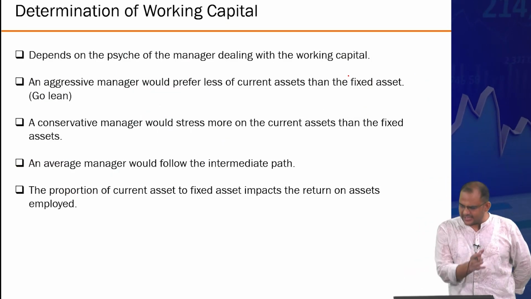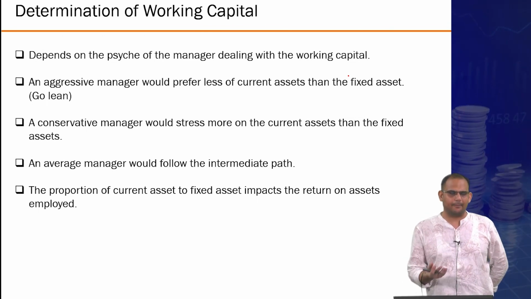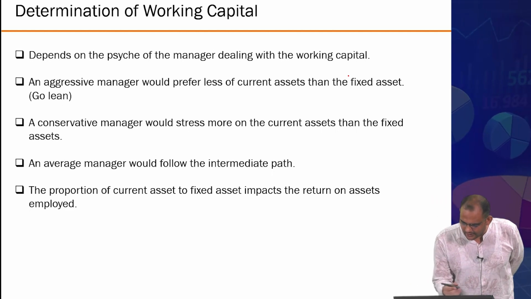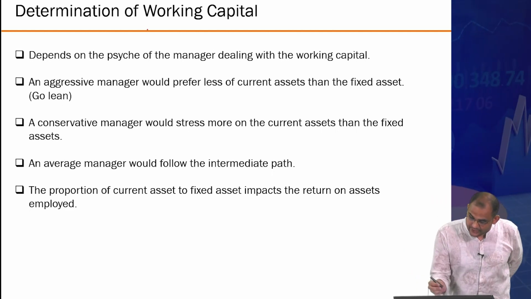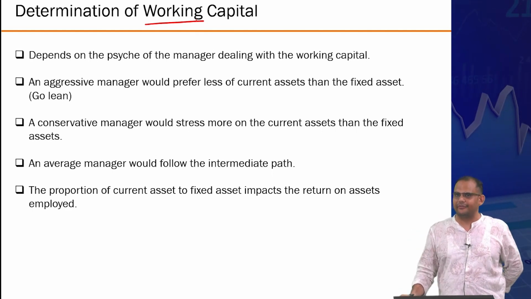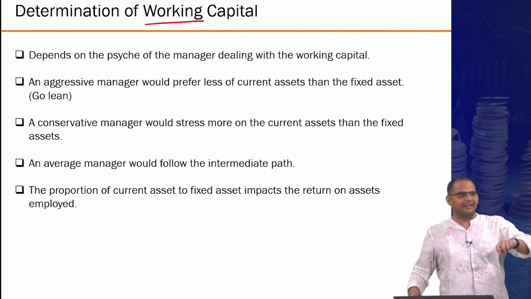In the rest of the class, I'm just going to give more examples of how you could optimize your working capital for construction related activities. So for example, it also is dependent upon the people. People are an essential part of working capital because they are making the decisions when to buy, when not to buy.